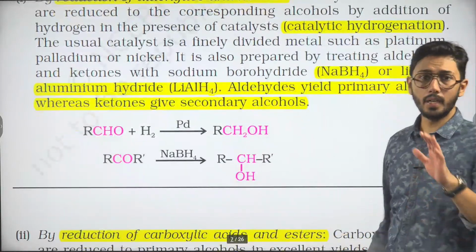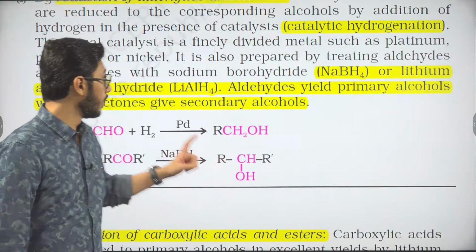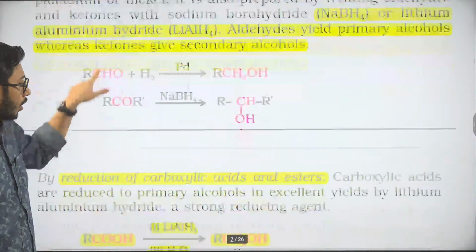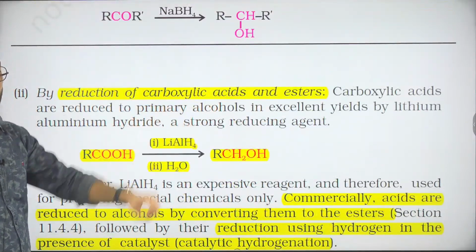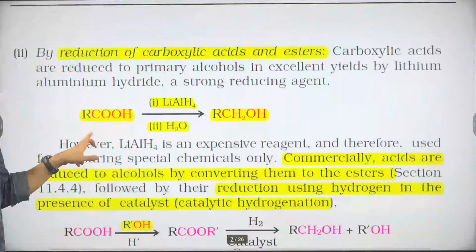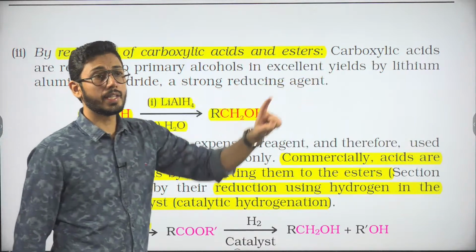NaBH4 is a milder reducing agent as compared to LiAlH4. Hence, sodium borohydride NaBH4 is not taken with carboxylic acid and ester. So in NCERT they have given one reaction only with LiAlH4, giving primary alcohol in excellent yield.